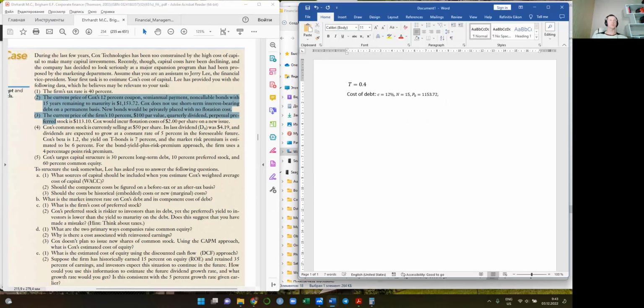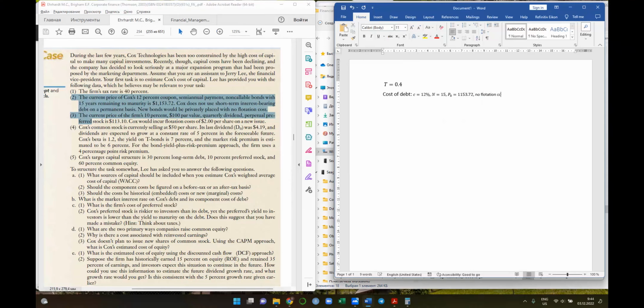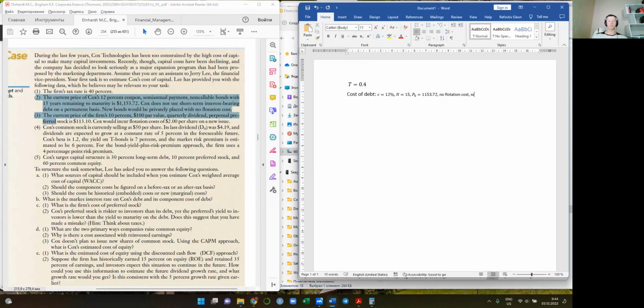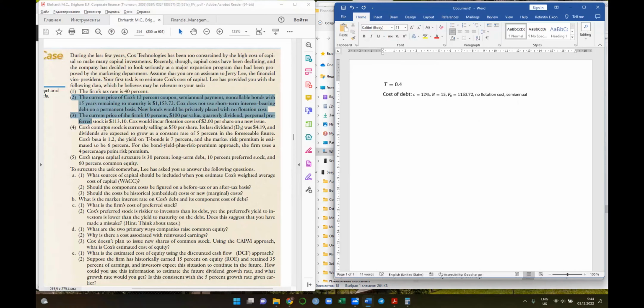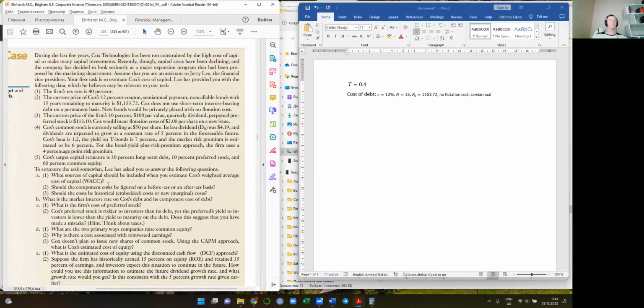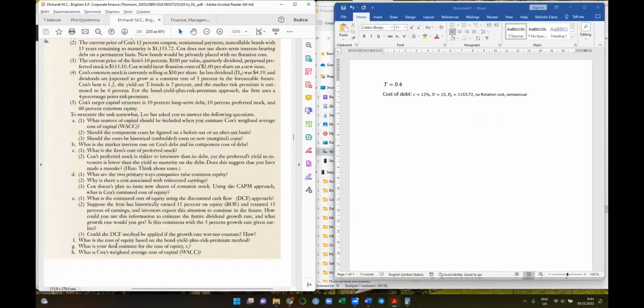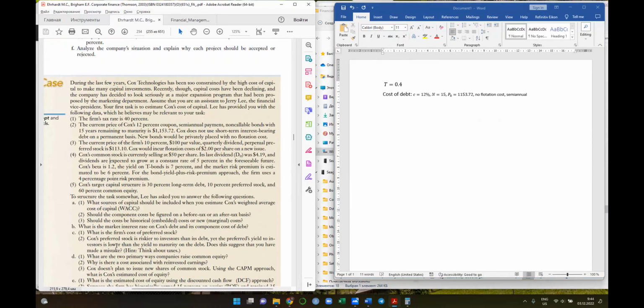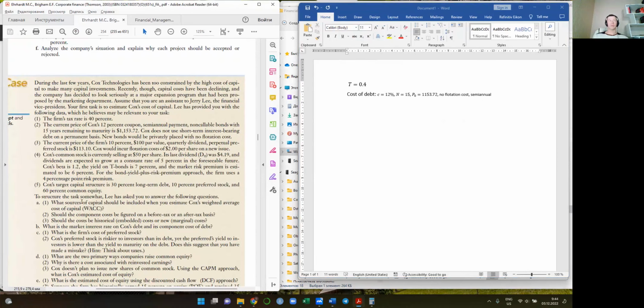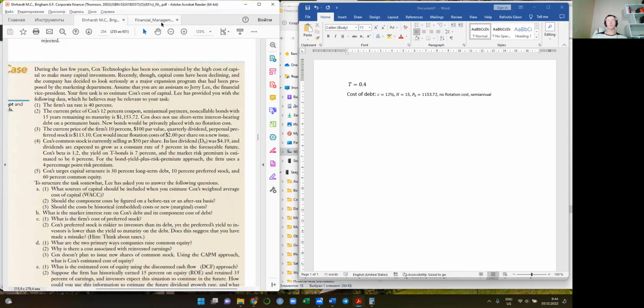And no flotation cost. And we also know that those are semi-annual. So with this data, we are able to estimate the cost of debt.